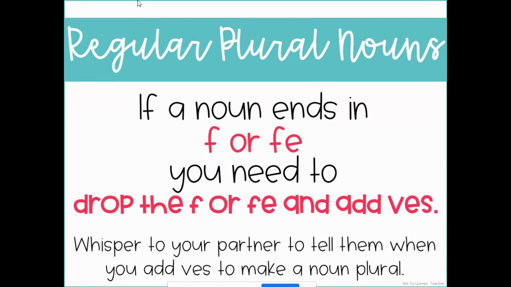If a noun ends in F, the letter F, or FE, you need to drop the F or FE and add VES. So that's another rule. If it ends with F or it has FE at the end, we're going to drop that and make it VES at the end.